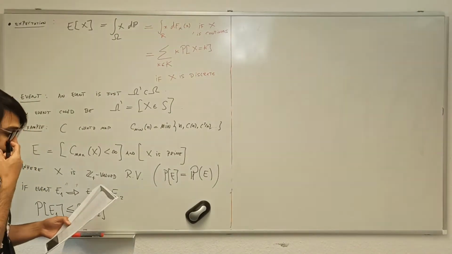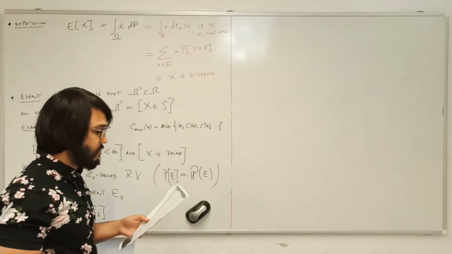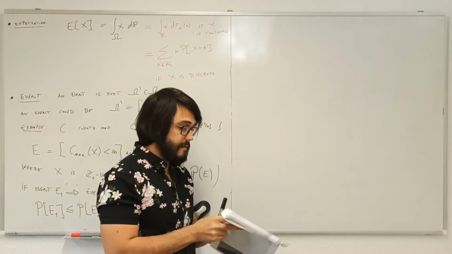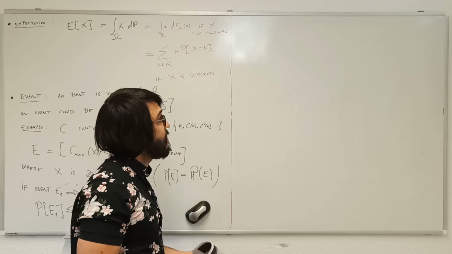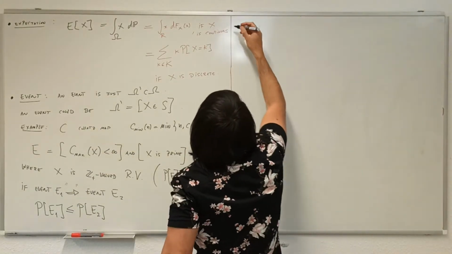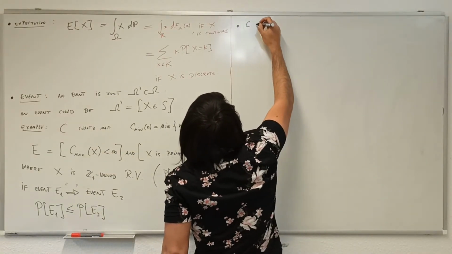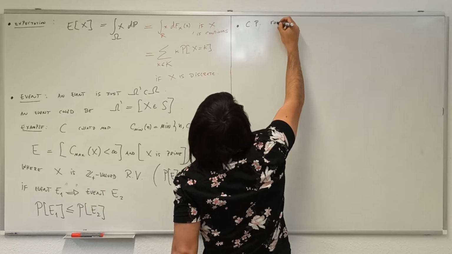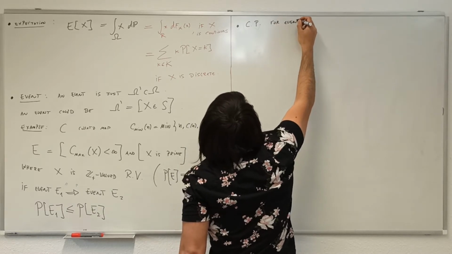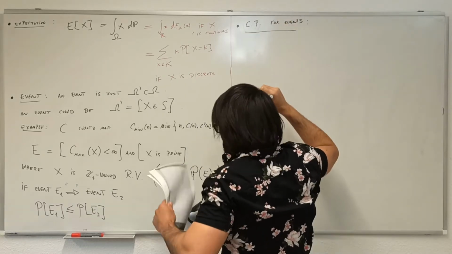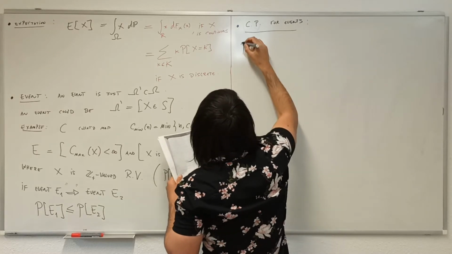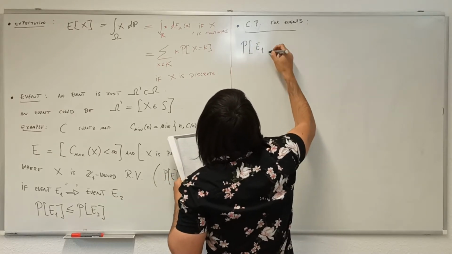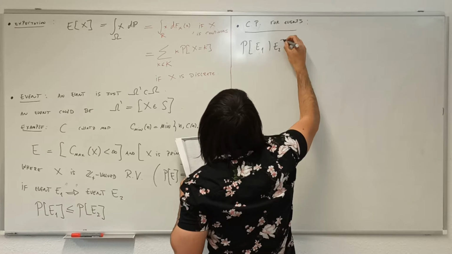So now I define conditional probability. You can define conditional probability for random variables, and also for events, which is the probability of event 1 happening given that event 2 happens.